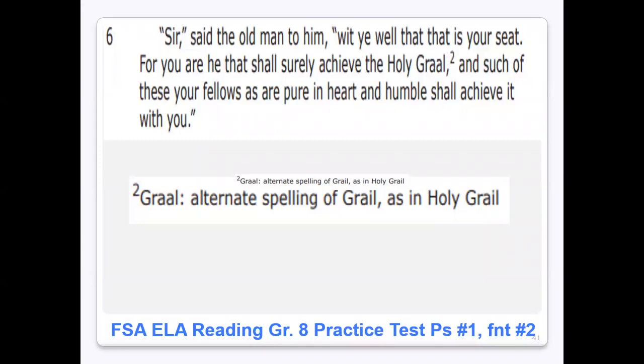All right. Moving along. This time we have superscript 2 Grail, capital G-R-A-A-L. And this is from grade 8 practice test, passage 1, footnote 2. Again, paragraphs are 3.1. Footnote definition is in 7.5. Here, nothing's needed because the G is capitalized.